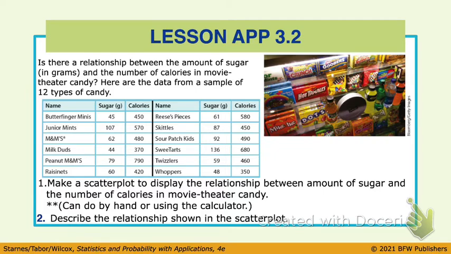All right, which one do you guys think is the explanatory variable? Do you think that the number of sugar grams is explaining the number of calories, or the other way around? Sugar is probably explaining calories. More sugar, more calories. All right, so you're going to put the sugar in L1.